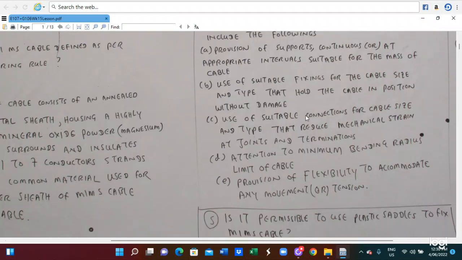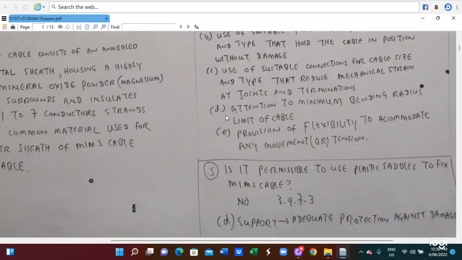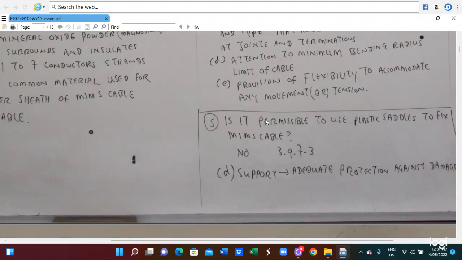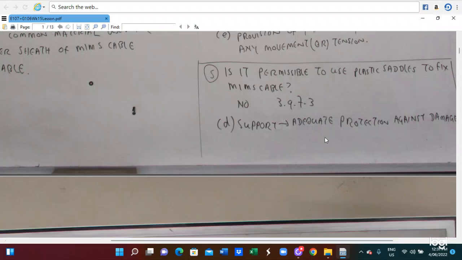Use of suitable connections for the cable size and type that reduce the mechanical strain on the joints and terminations. Attention to the minimum bending radius limit of the cable. Provision of flexibility to accommodate any movement and tension. Is it permissible to use a plastic saddle to fix the MIMS cable? No, according to clause 3.9.7.3.